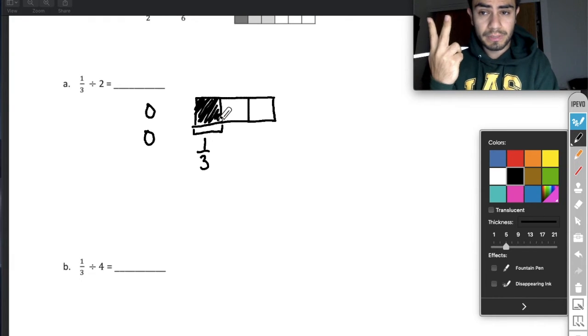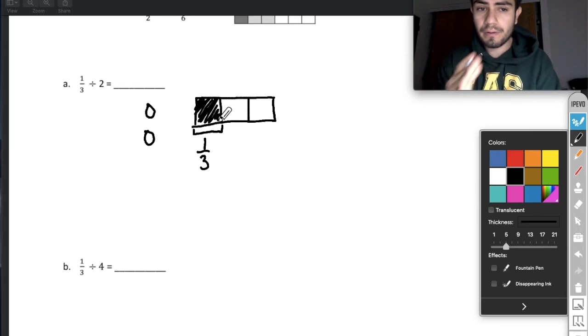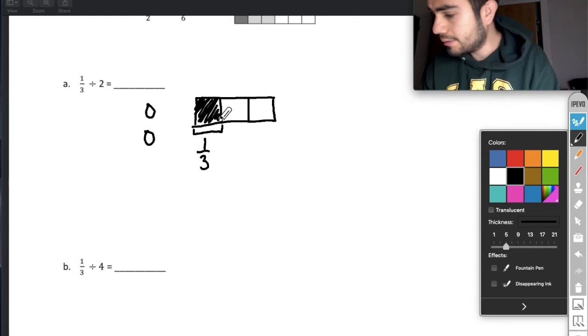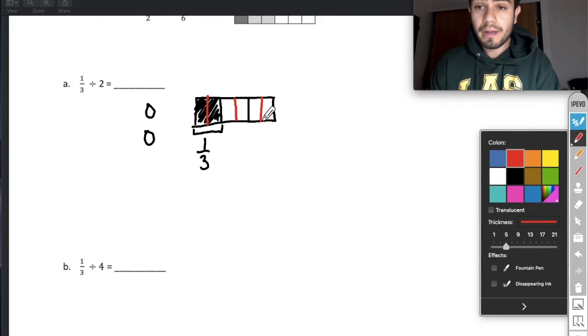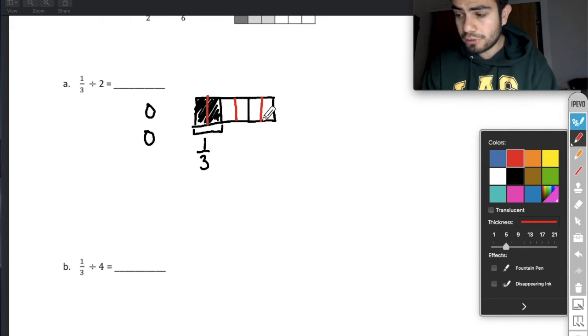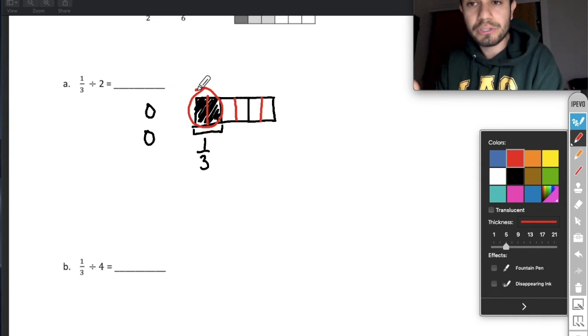Okay, so into 2 pieces to share with these 2, or divide by 2. So let's do that in another color here. So cut that like that, cut that like that, cut that like that. Now, the only part that you're sharing is this one, because it's the only one that's shaded in. It's the only one that you want to share between 2 people.